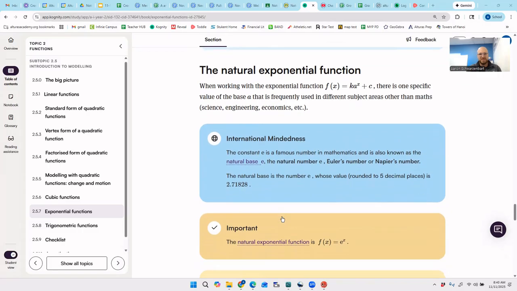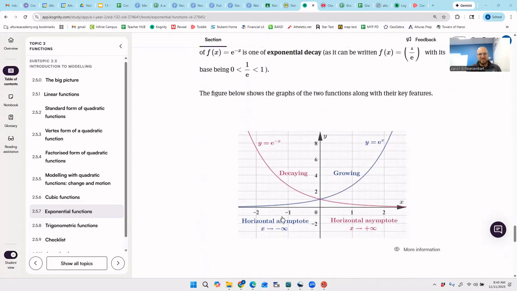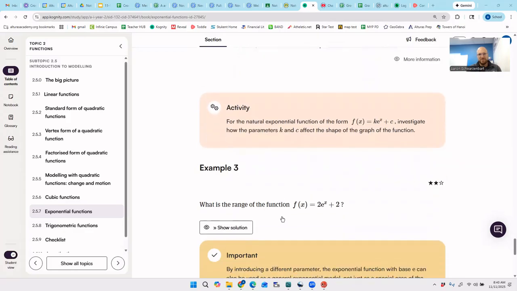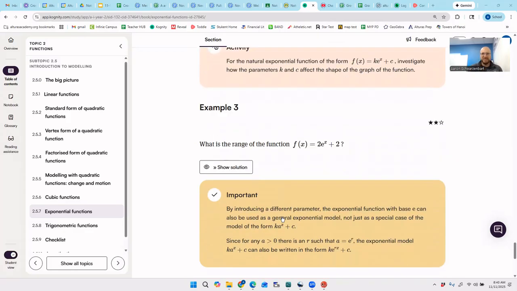The natural exponential function, that's e to the x. You will learn why e is so great when we get to calculus. So it asks me what the range of this is. The exponential function with e as your base. We've done that before.